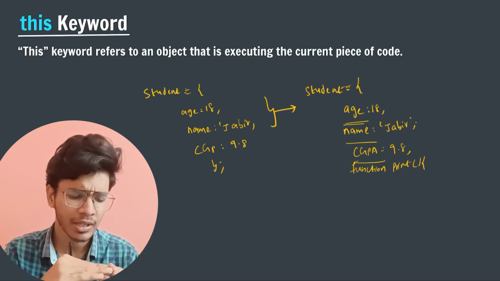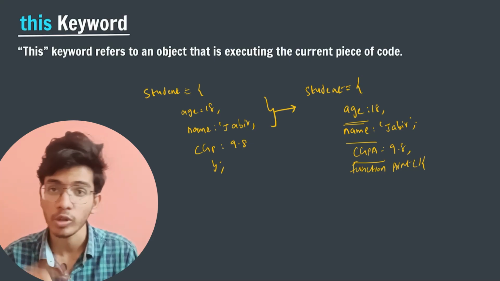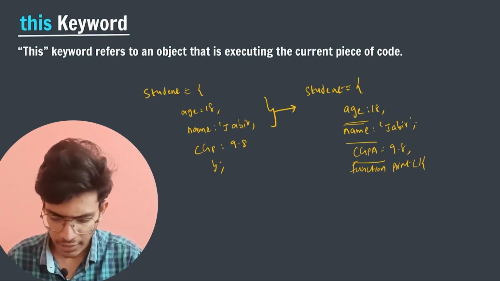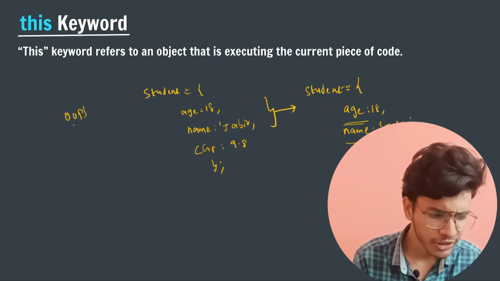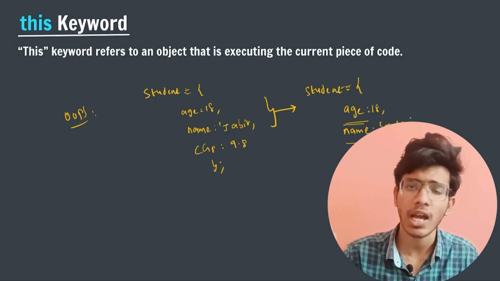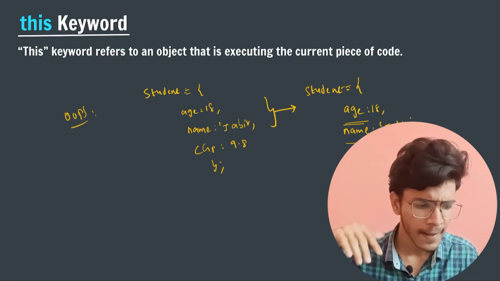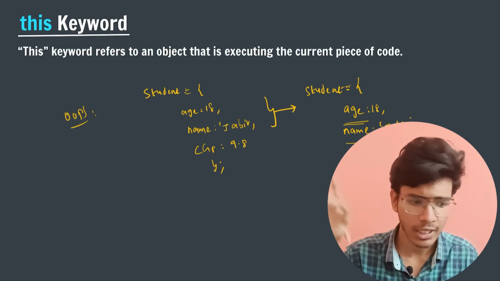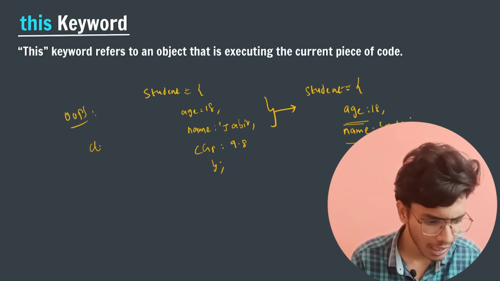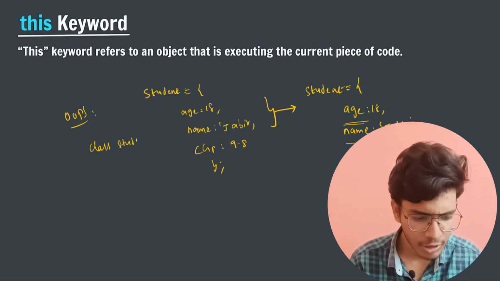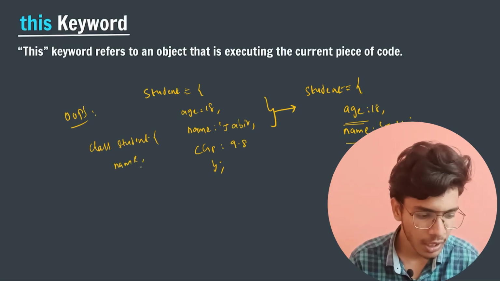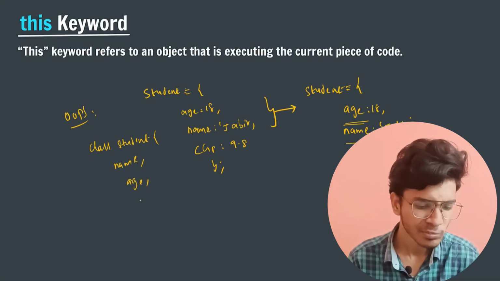This is very similar to object-oriented programming. If you are new to programming, there is a two-hour object-oriented programming session which I conducted long back, and I will provide you that video link here. In object-oriented programming, whenever we create a class, let's say the class name is student, and inside the class I have variables: name, age, and CGPA.